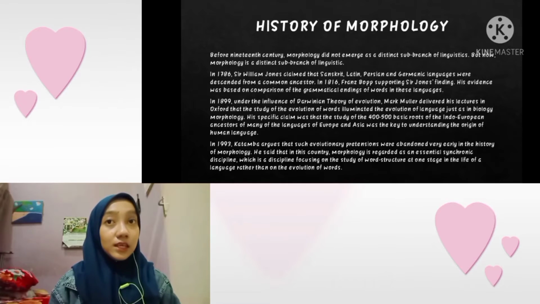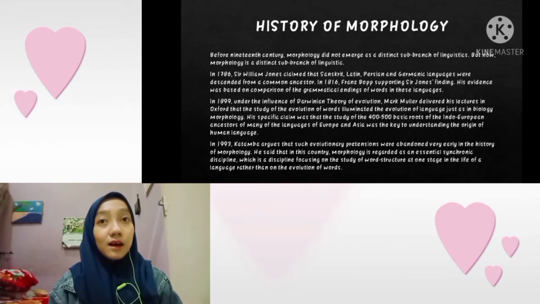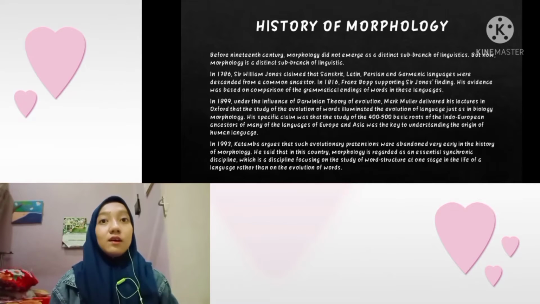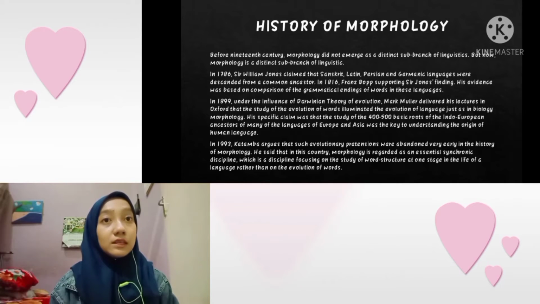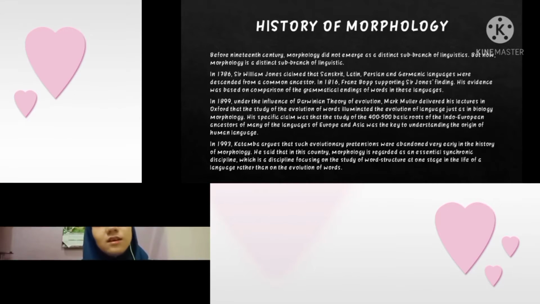In 1789, Sir William Jones claimed that Sanskrit, Latin, Persian, and Germanic languages were descended from a common ancestor. In 1819, Franz Bopp, supporting Sir William's finding, based his evidence on comparison of the grammatical endings of words in these languages.